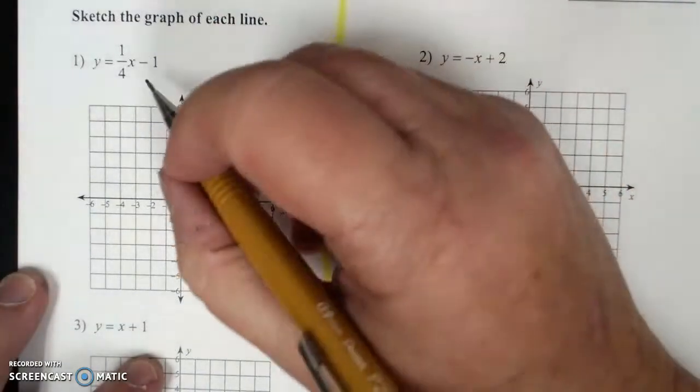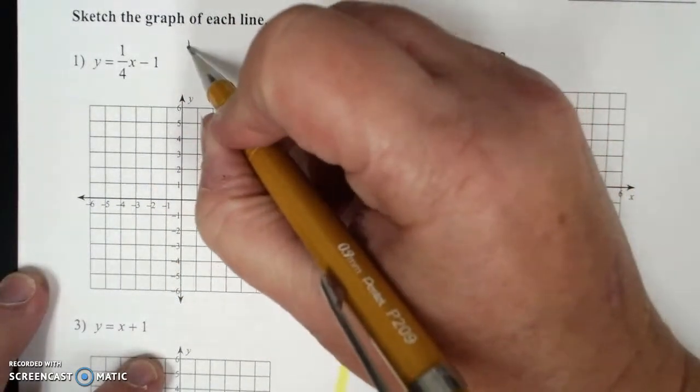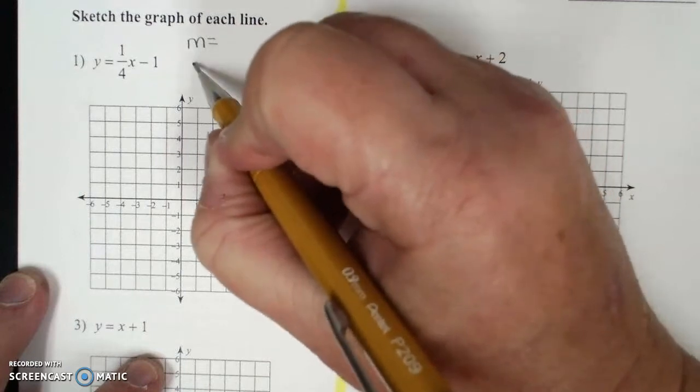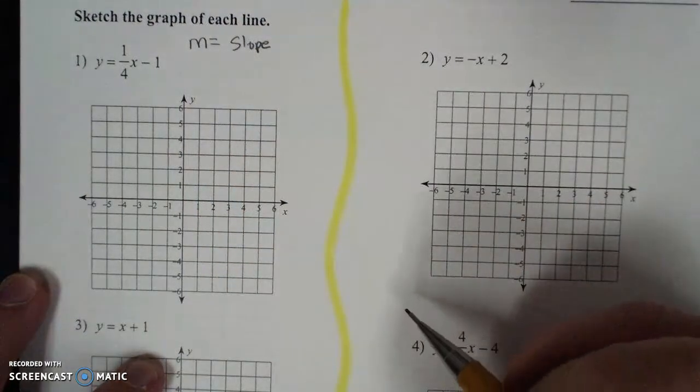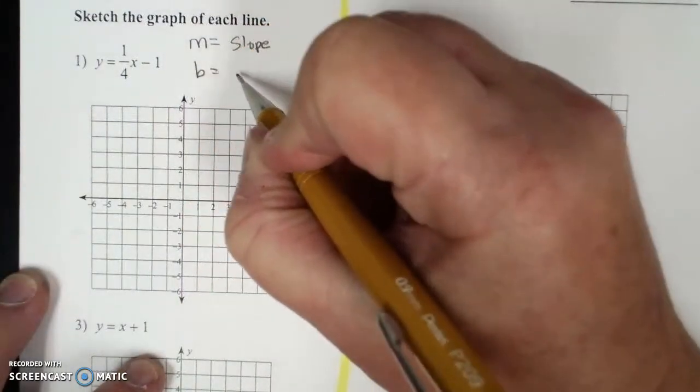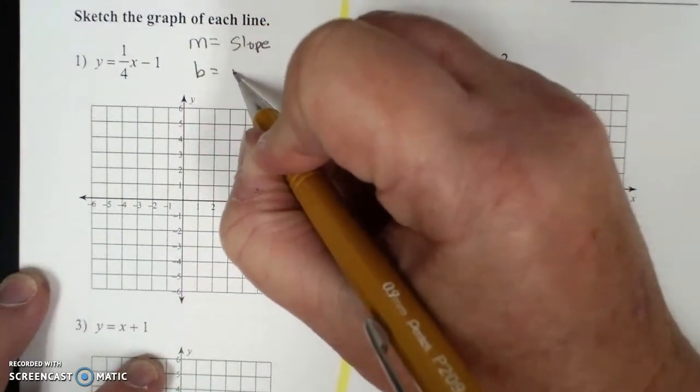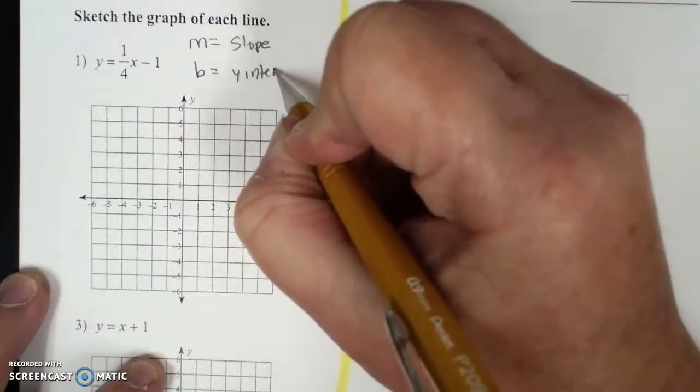Do you remember the other day when I asked you to find the slope and the y-intercept? M is the abbreviation for slope, and B is the abbreviation for y-intercept.